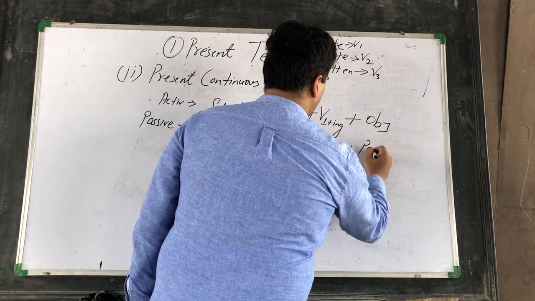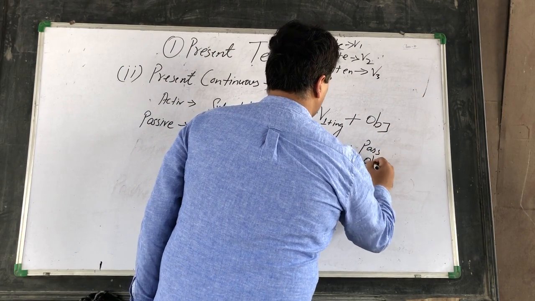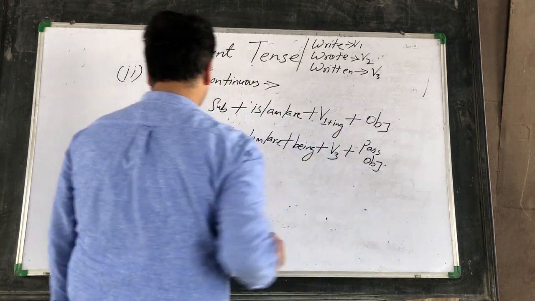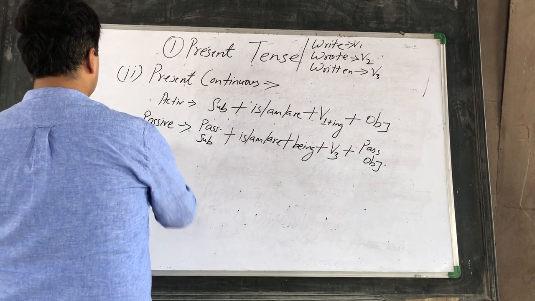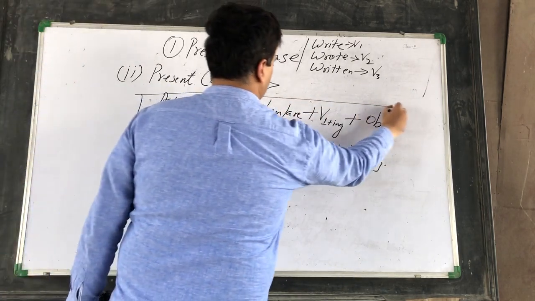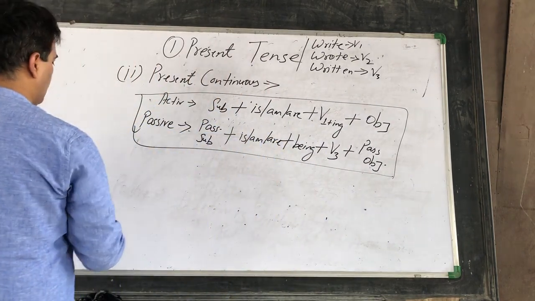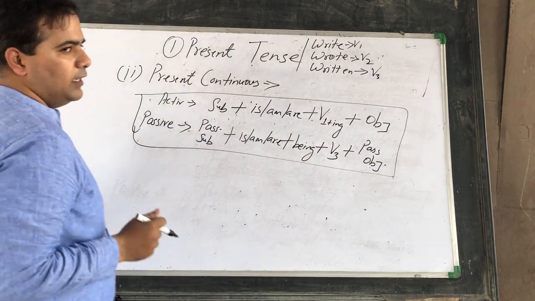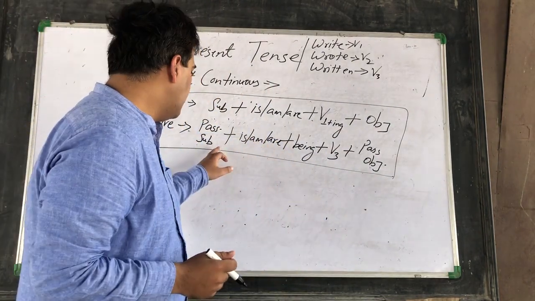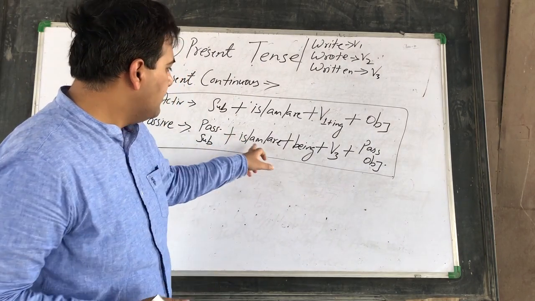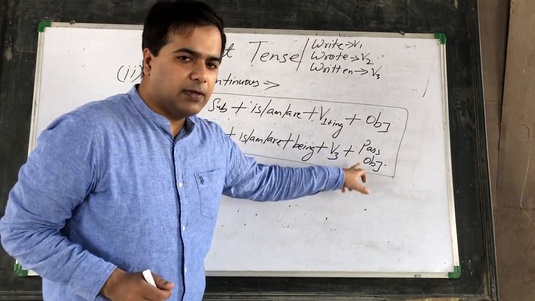Then the passive object. So the structure is passive subject, is, am, are, being plus verb third form, then passive object.